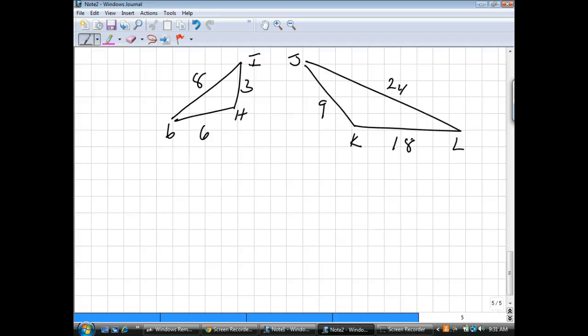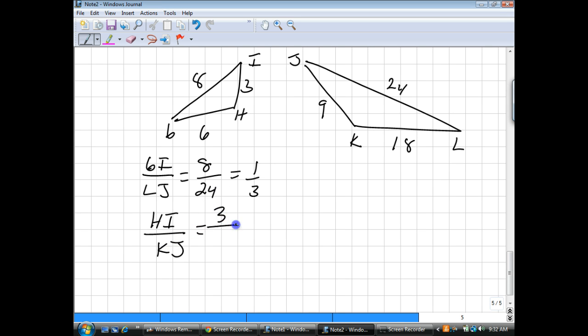So for this one, GI corresponds to LJ. So GI is 8, LJ is 24. So that's 1/3. Then HI corresponds to KJ.